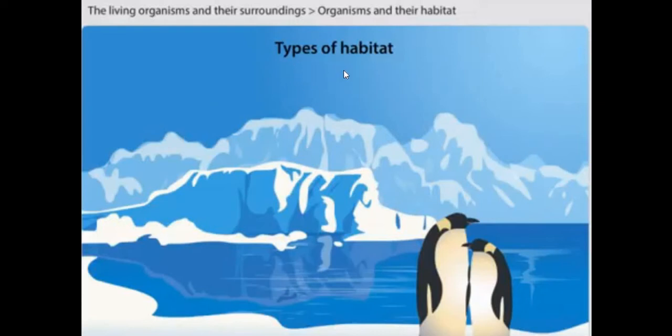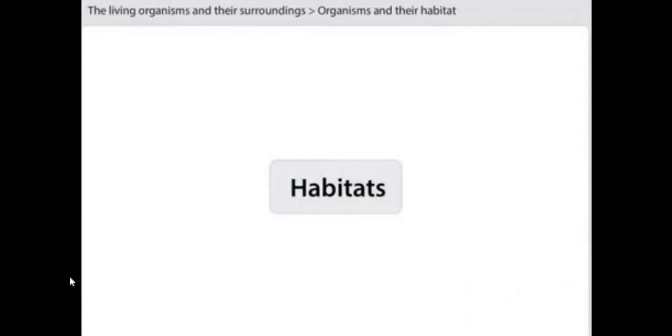Different types of climate make different types of habitat. Remember the term habitat from your previous classes? In your previous classes in the science subject, you must have learned habitat. Habitat means a place which is suitable for a certain group of animals and plants to grow and exist.